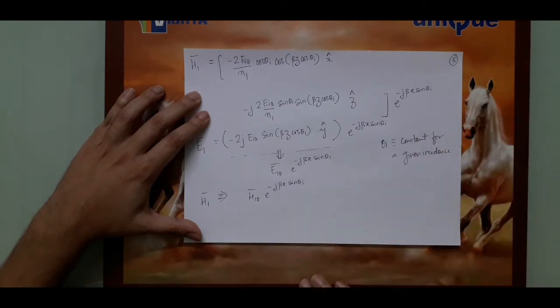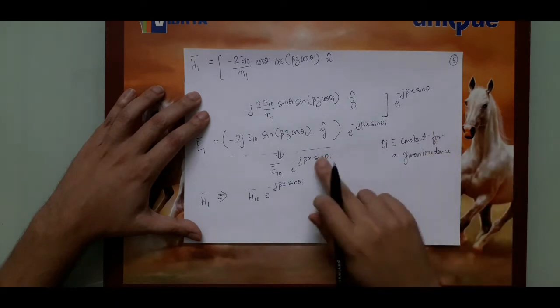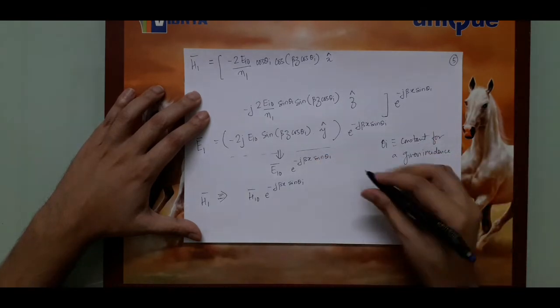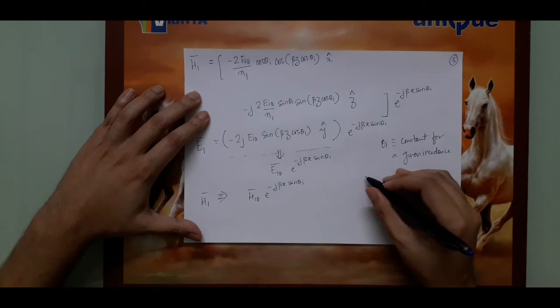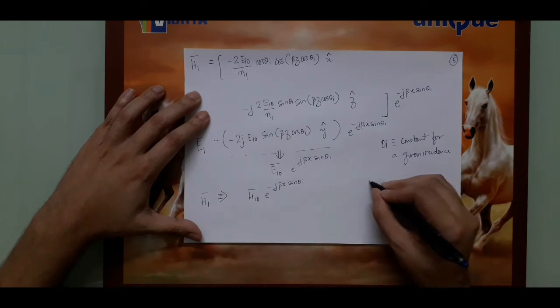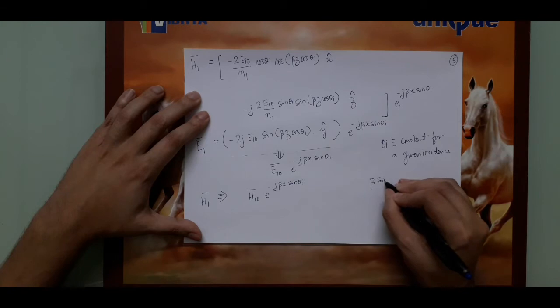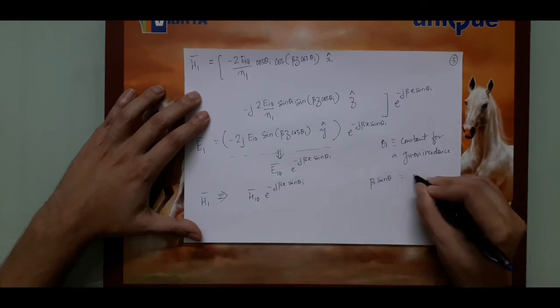Once the wave is incident, theta I cannot be changed. So therefore, even sine theta will be a constant. So let me call this beta sine theta as some beta prime.